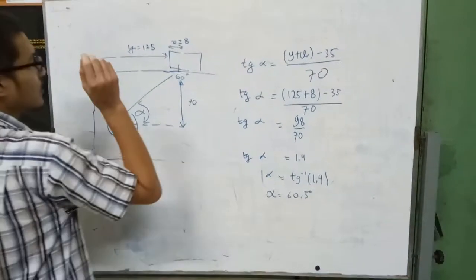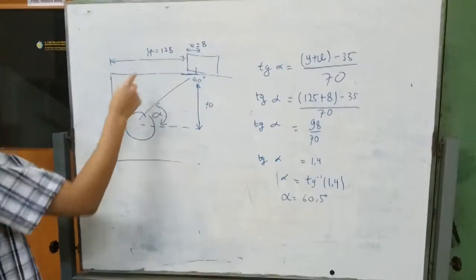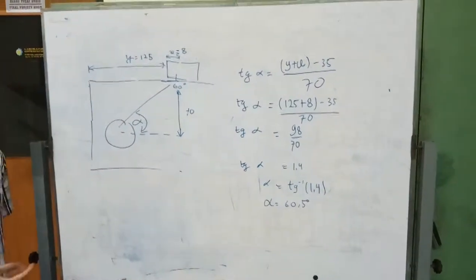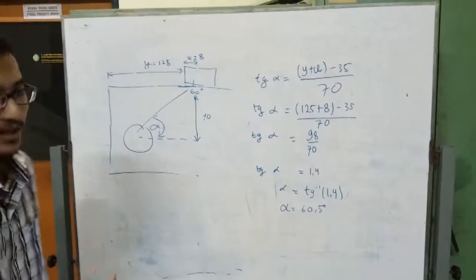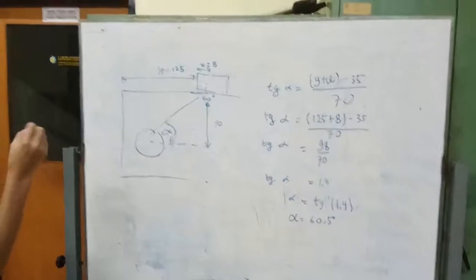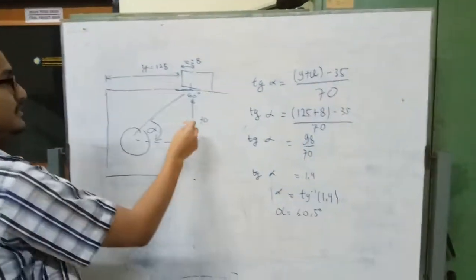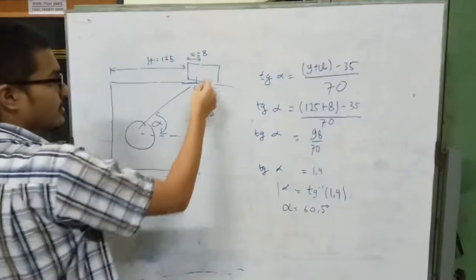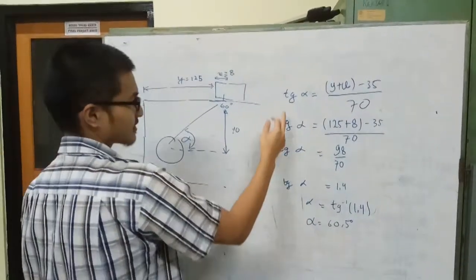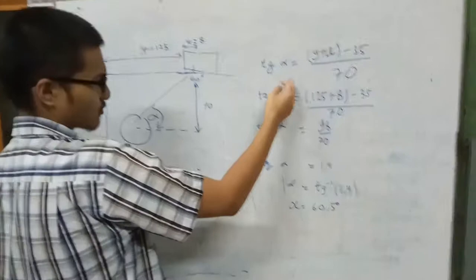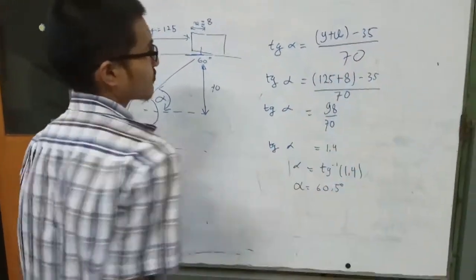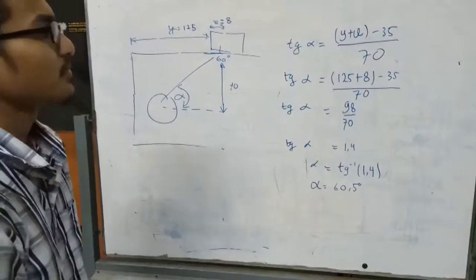So now it's written that Y equals 125. It's in millimeter, so when we measure it in the real block, it's actually 12.5. And the X is the eccentric, it's 8 millimeter, and we've got the formula that the tangent of alpha equals (Y + X - 35) over 70.